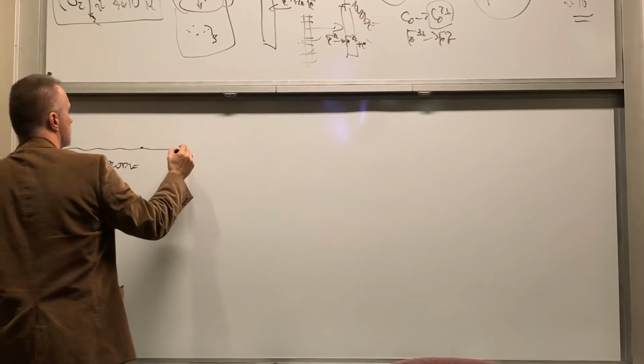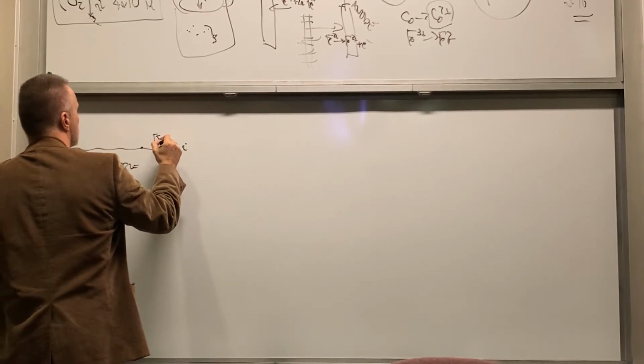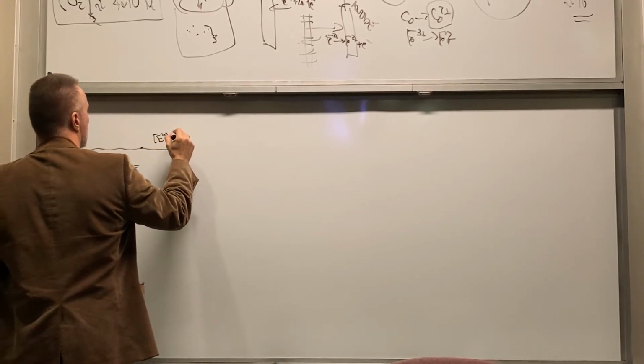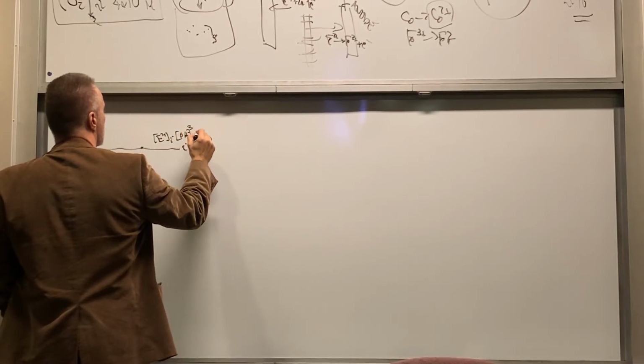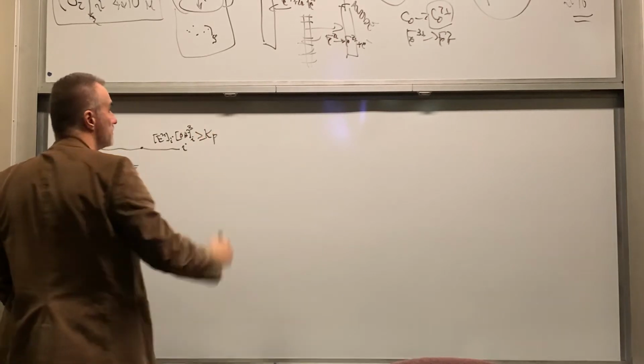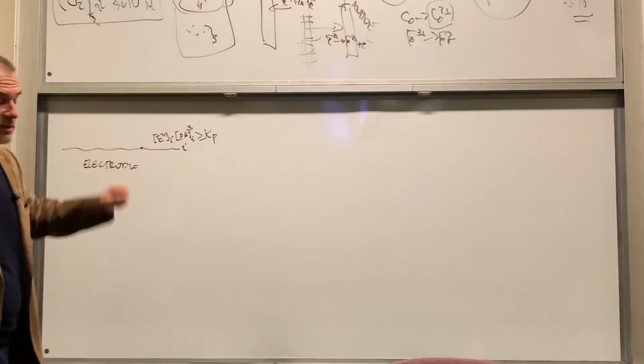And here at the interface, Fe3+ times OH- at the interface to the power 3 is bigger than Kp, bigger than the solubility product.